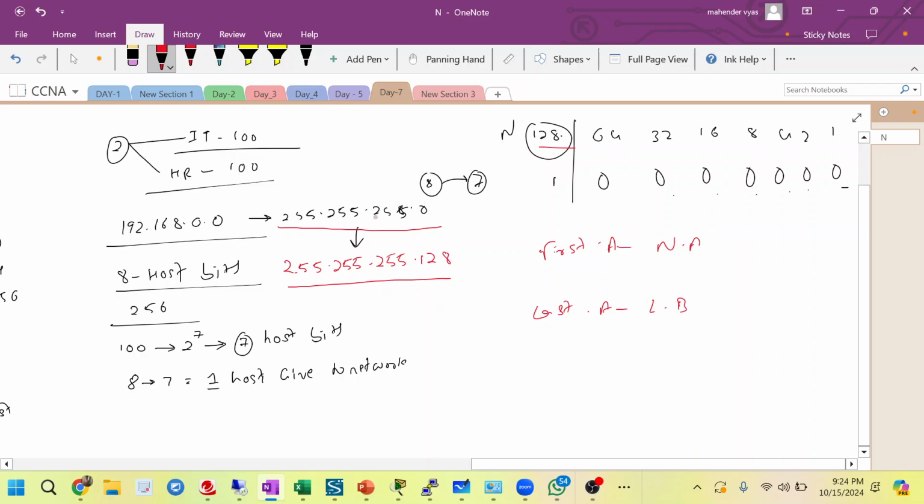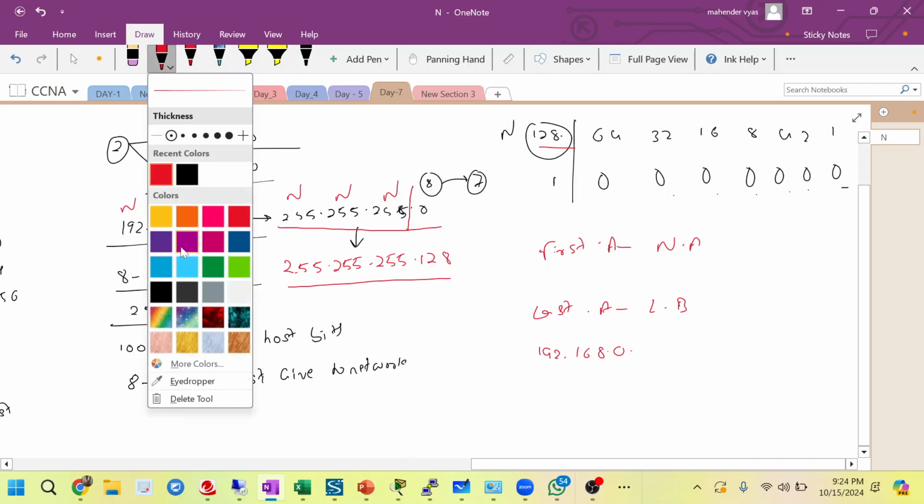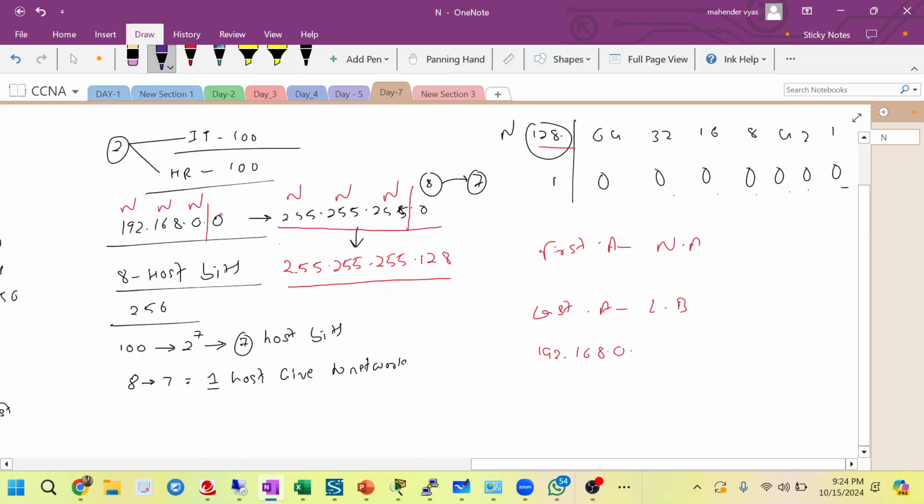But when we are not doing any changes in the subnet mask, we can easily say, when we write 192.168.0, see, whenever you do this type of calculations, first take whatever the network you have. This is network, this is network, this is network, right? So we are taking as it is the 3 octets. Now we need to figure out what is our first address in our host bits.